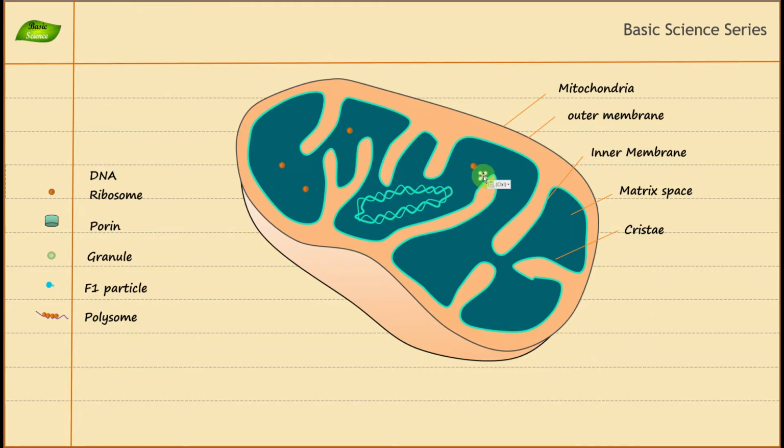And these are the mitochondrial ribosomes. So let me distribute these ribosomes. So we have an important organelle, which is the mitochondrial ribosomes. We're going to label these ribosomes, and we're also going to label the DNA molecule.